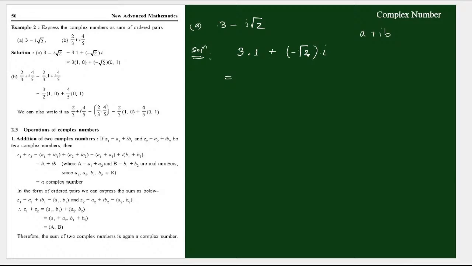See here, minus root 2 is the real one, i is the imaginary one, then 3 into 1, and 1 is nothing but, there is no imaginary part, so (1, 0). If we write in ordered pair, plus minus root 2, and i in ordered form we write as what? Here there is no real part, so the real part a is 0, and for i it is 1.